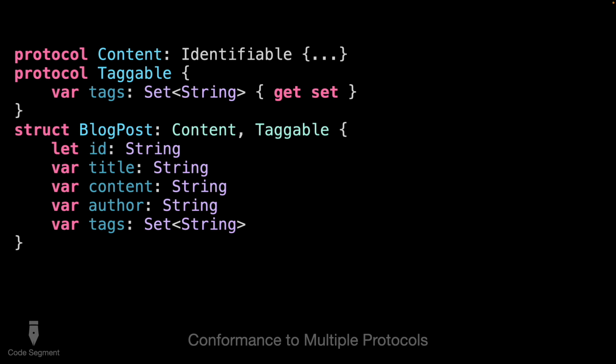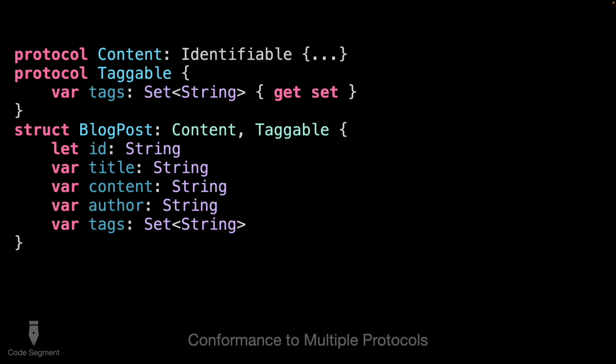This is helpful if, say, you want your type to conform to multiple protocols, but we don't feel like content has to be taggable necessarily, right? Anything that adopts content doesn't necessarily have to adopt taggable, right? We don't think that's required. We just think that some should be taggable, but not all, right?